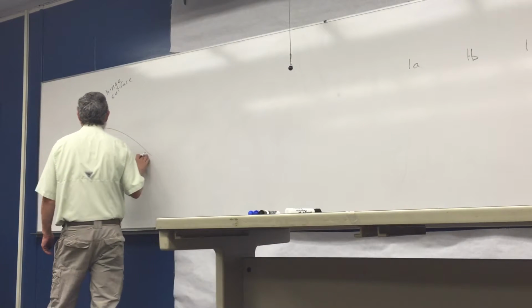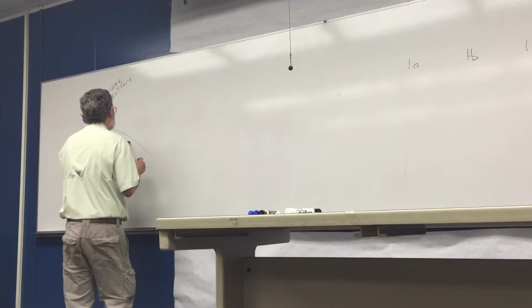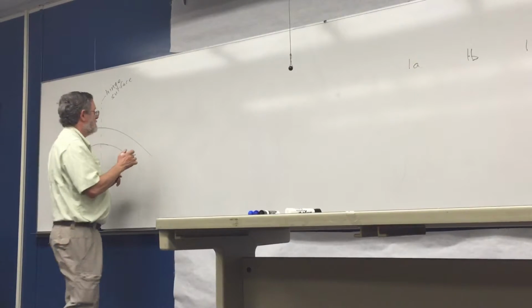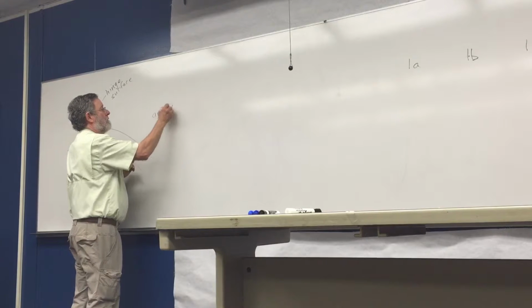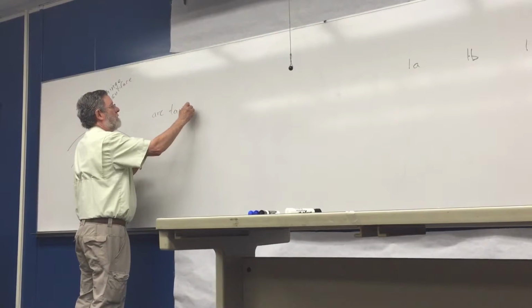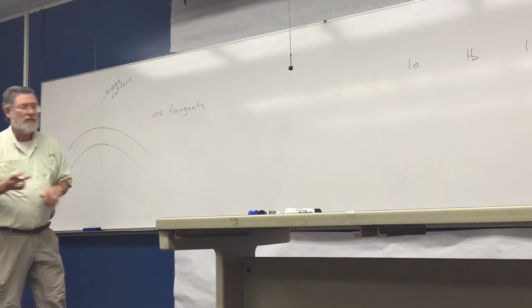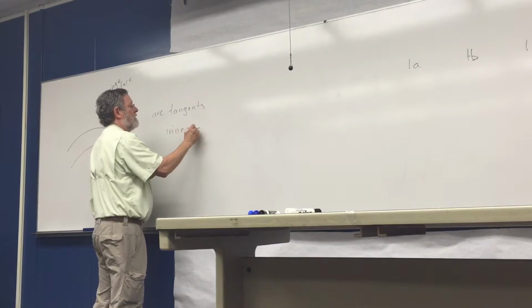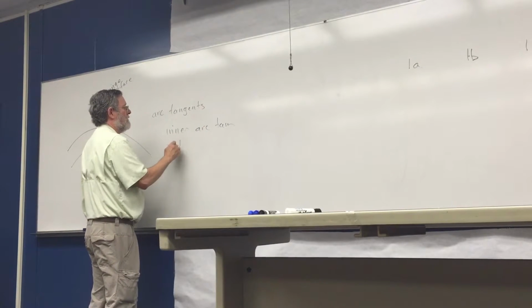We're going to look at a single layer, and then we're going to talk about arc tangents. Okay. And we're going to use some odd terms like the inner arc and the outer arc.